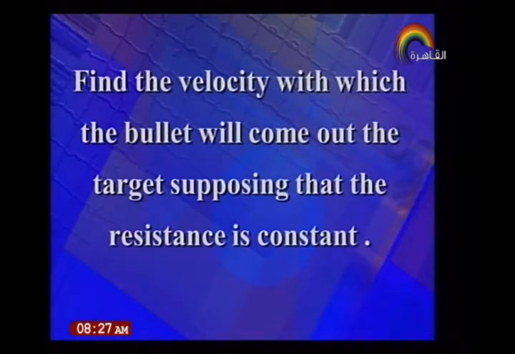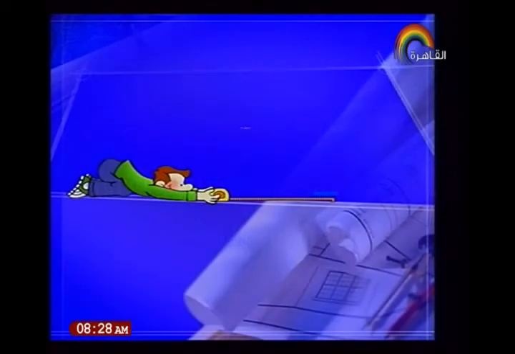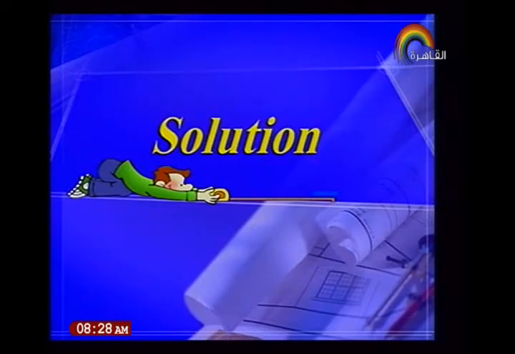Remember, dear student, what is the required? The required is to find the velocity with which the bullet will come out of the target, supposing that the resistance is constant. Look at the solution.